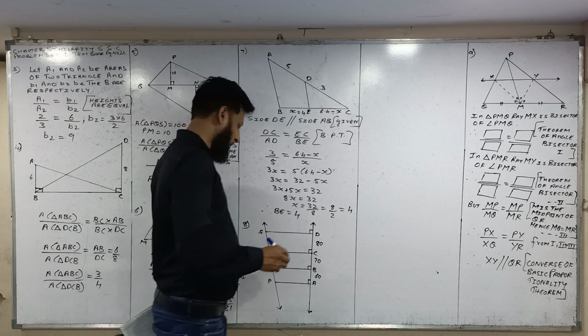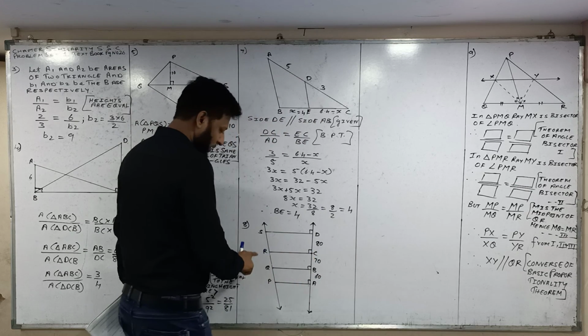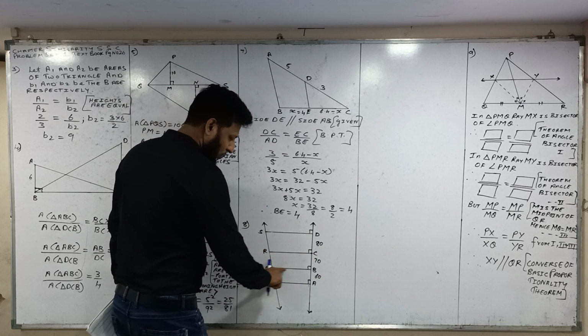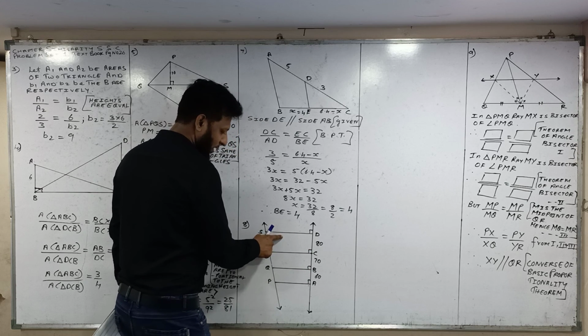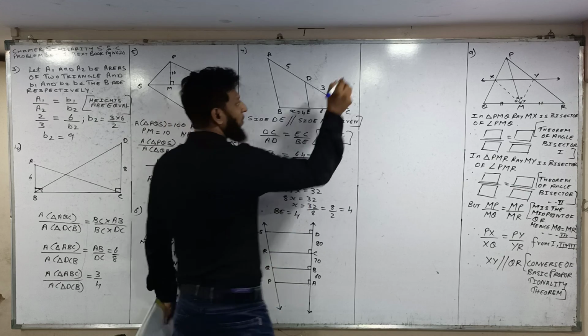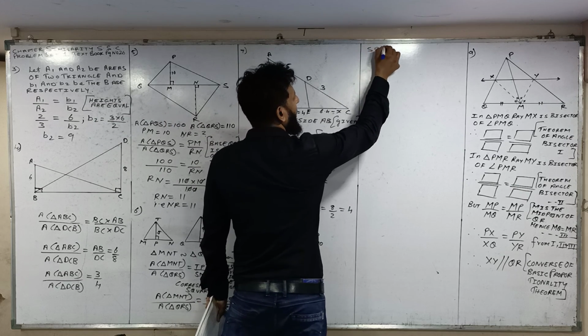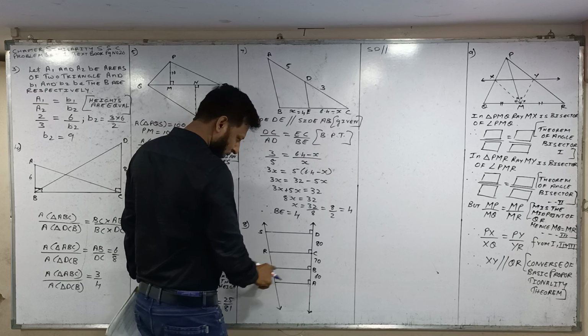Leave this line now. Just take these 3 lines. SD is parallel to QB, parallel to PA.